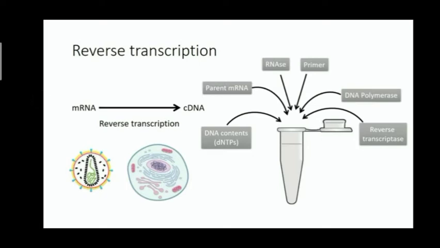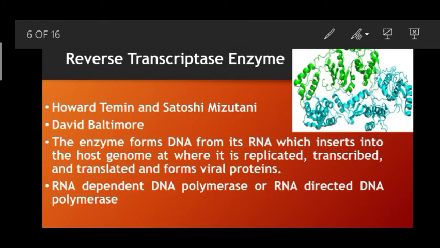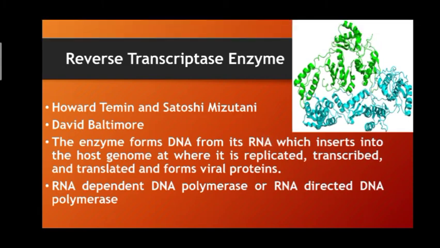I already told that in the process of reverse transcription, the reverse transcriptase enzyme plays an important role to convert mRNA into complementary DNA. The reverse transcriptase enzyme was discovered by Howard Temin and Satoshi Mizutani, although it was first isolated by David Baltimore in 1970.